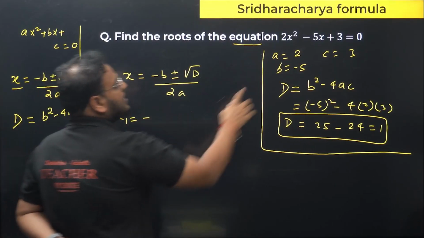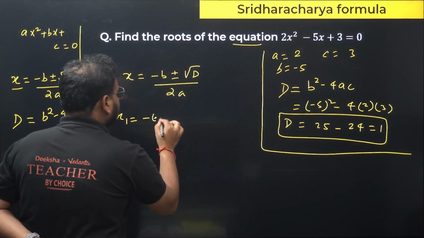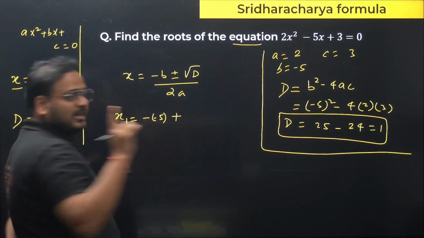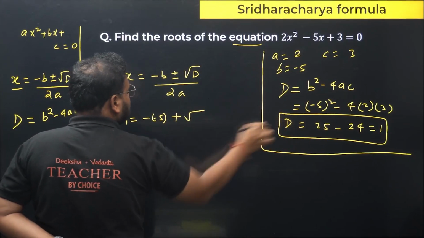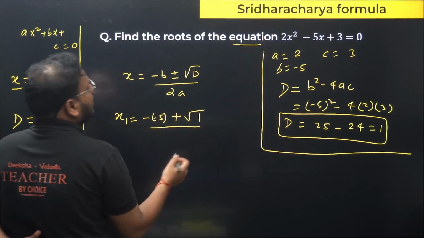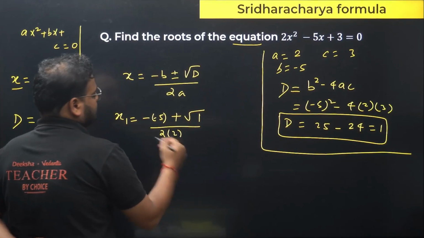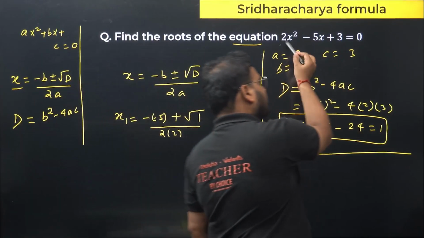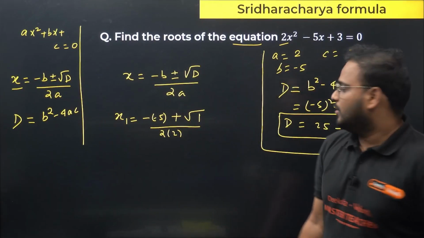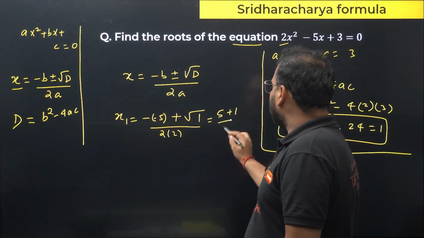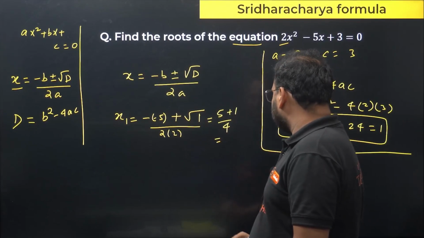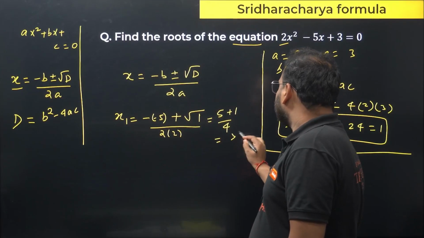What is minus b? b is minus 5, so minus of minus 5. Let's use the plus sign to get the first root. So plus root of d, and the d value here is 1, so root of 1, by 2a, which is 2 times 2, which is 4. So I have here 5 plus 1 by 4, which will become 5 plus 1 is 6 by 4, going to be 3 by 2.